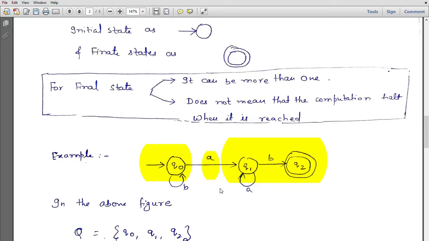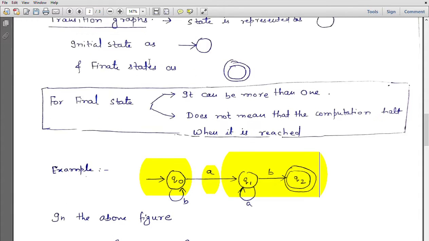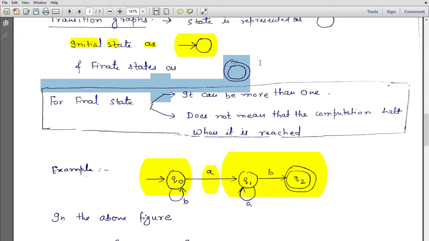The input symbols are small a, small b. Q0 is represented by an arrow in the left side. This is the symbol for initial state. We can also see here initial state is represented in this manner.